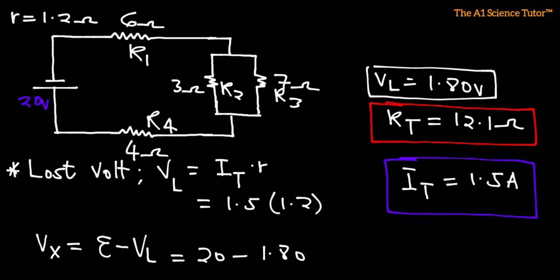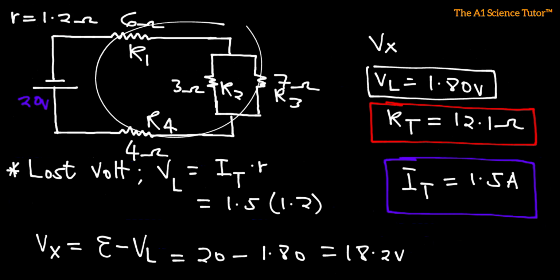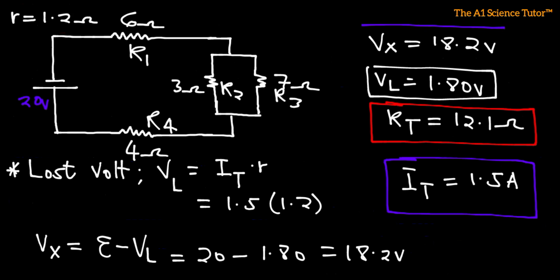That should give us 18.2 volts. So this is what we have. The remainder of the EMF of this DC source left to flow through this external circuit is actually 18.2 volts. That is actually what is available. So this is what you need.